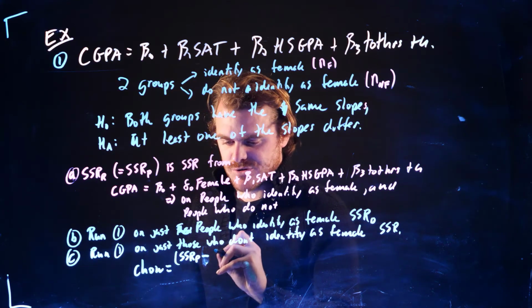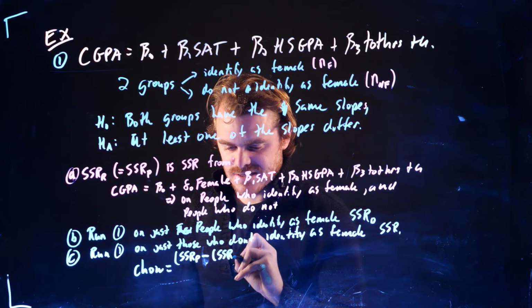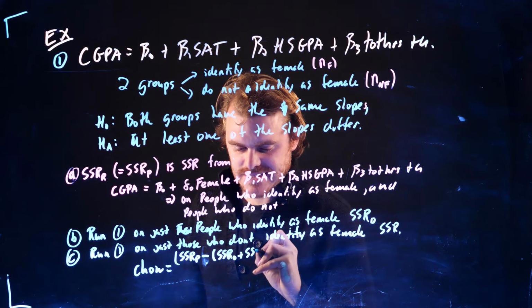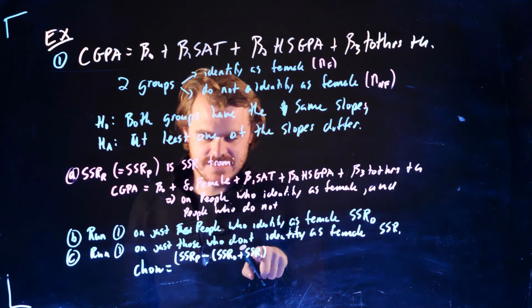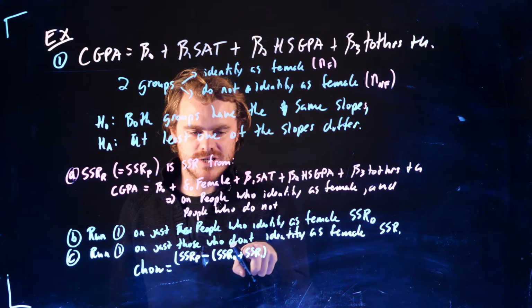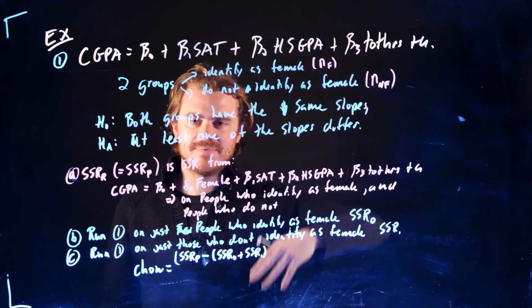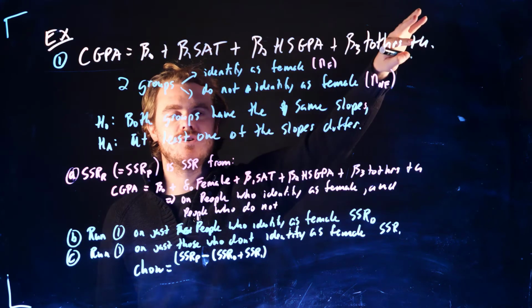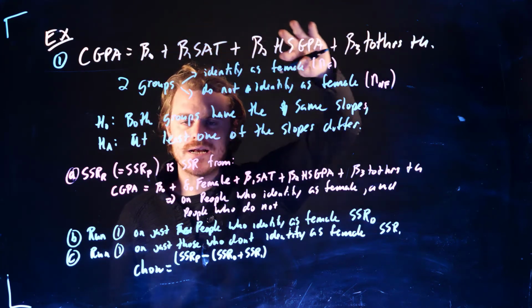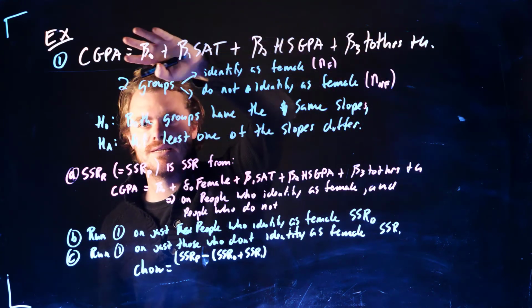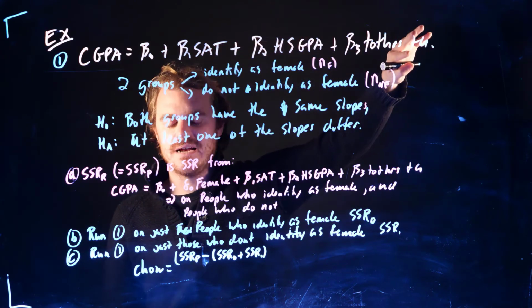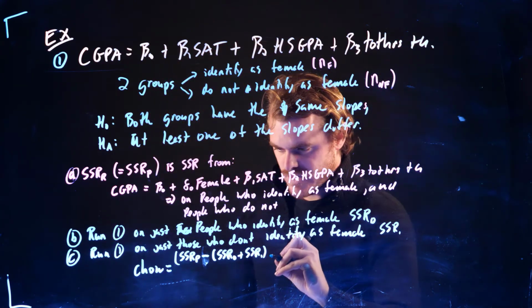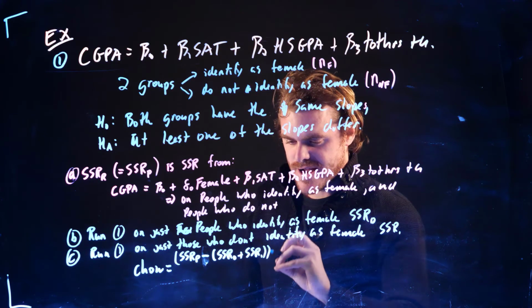Then we subtract SSR_0 plus SSR_1. This is our unrestricted regression, which allows both the intercepts and the slopes to differ. We get that by running this regression once on just those who identify as female, and once on everyone who doesn't identify as female. I need another bracket there.